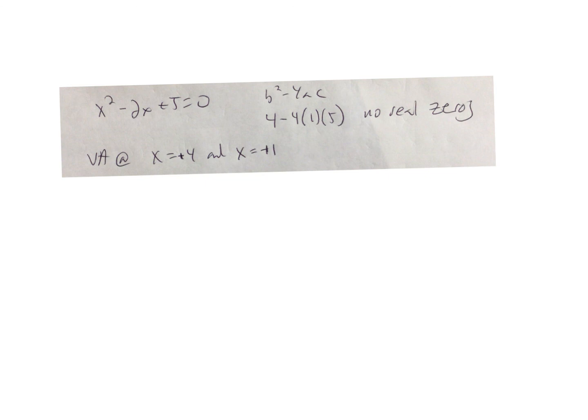So the only critical values are at the vertical asymptotes. And so I guess I could plug those in and see. Let's see. So at -1 and at +4, is it?